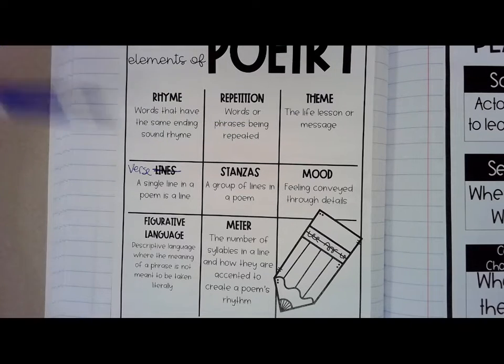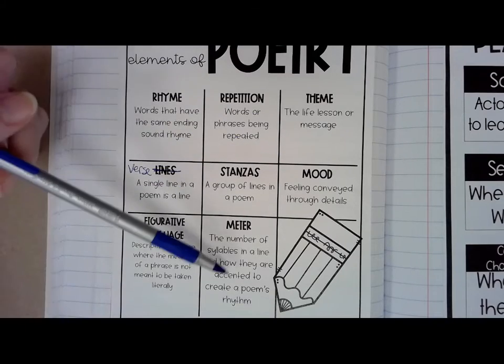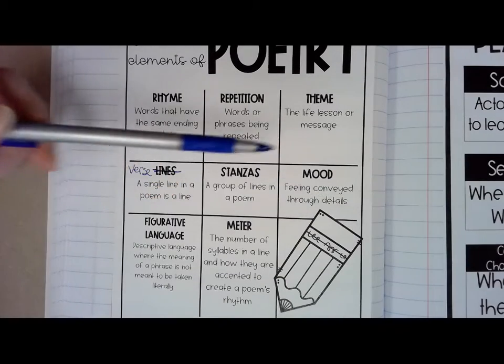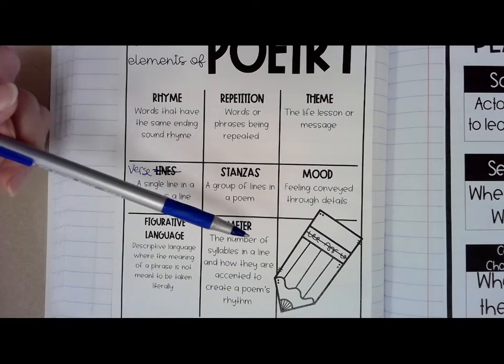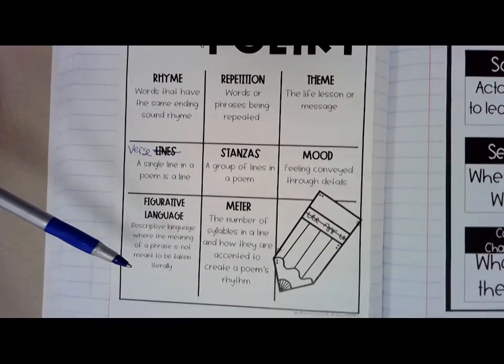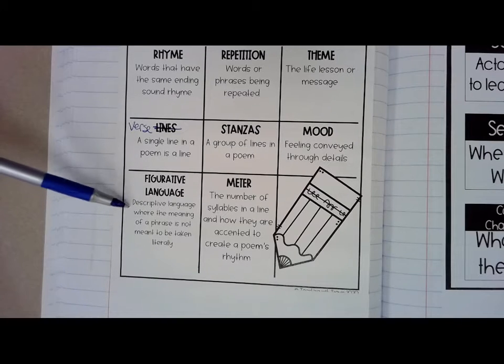We've talked about rhyme and stanzas in the last one. We talked about meter in the last one. So mood is the feeling, like if it's a happy poem, a sad poem, that kind of thing. And figurative language. So this was not on the last page, page 35, but it is on this one, and it's very important. Poetry has a lot of figurative language.